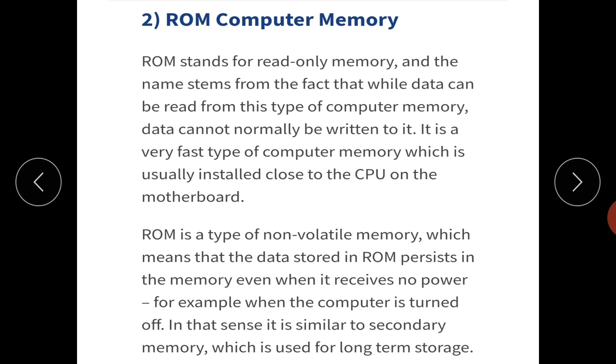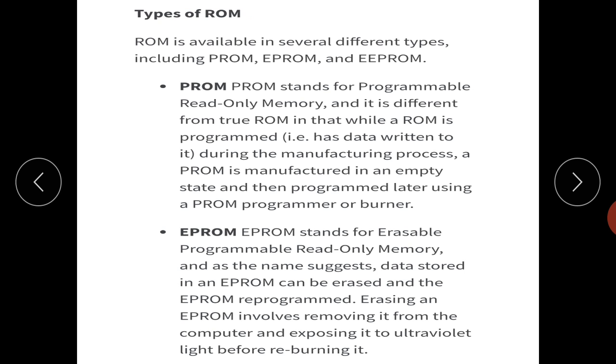The instructions written inside the ROM are permanent in nature and cannot be changed, and it helps when the computer boots, right? RAM and ROM are mounted inside the motherboard, that is inside the cabinet. So three things are different: the CPU is a different thing, RAM is a different thing, and ROM is also a different thing.